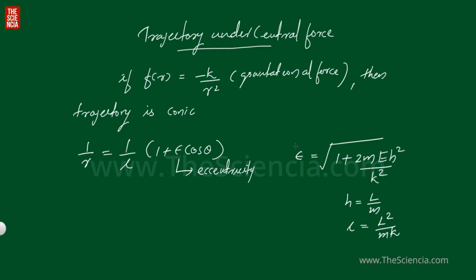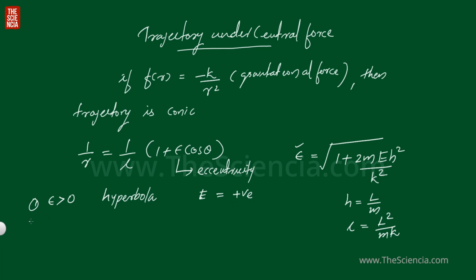Now from the equation of eccentricity, we can deduce the following conditions. First one, if eccentricity is greater than 0, then the trajectory will be a hyperbola and its energy. So from this equation, we can find out the energy, and that energy will be greater than 0.